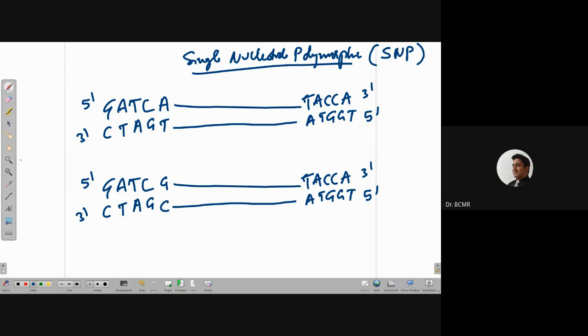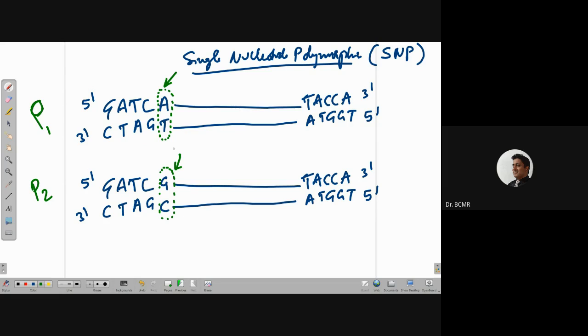I will give names to these alleles so that it will be easy to understand: allele P1 and P2. The difference is in this region; in that position, one has A whereas the other has G. The rest of the sequence is the same.